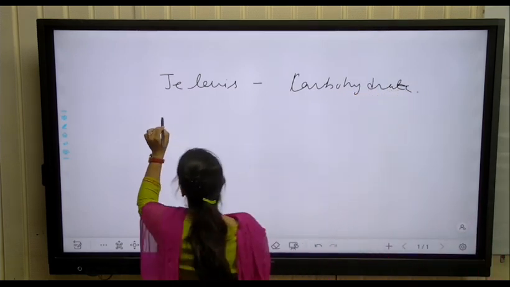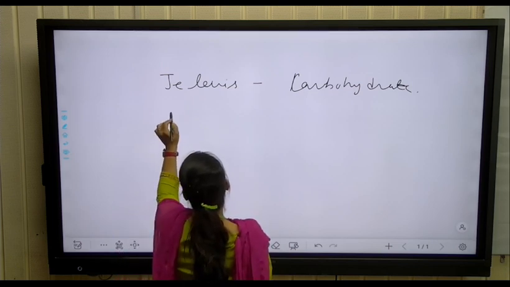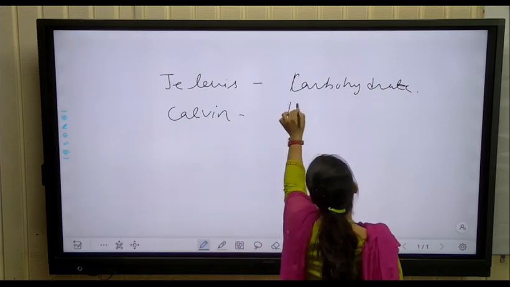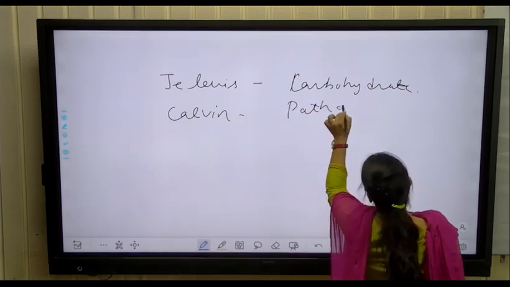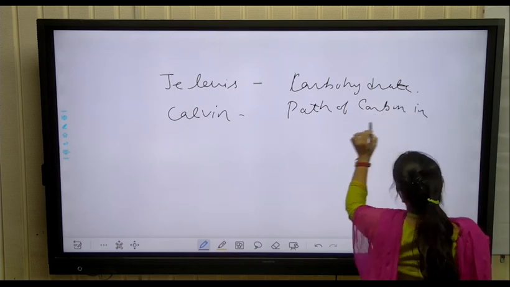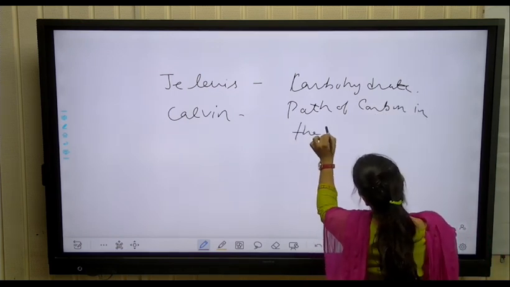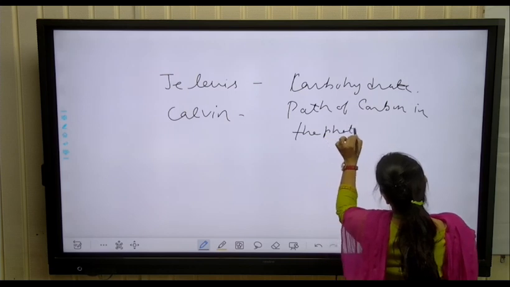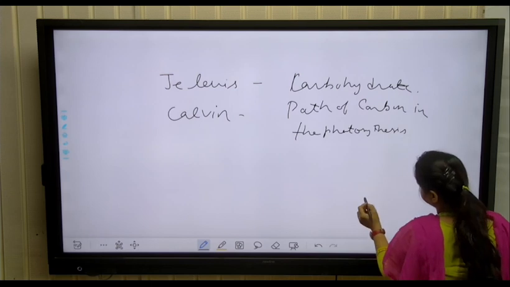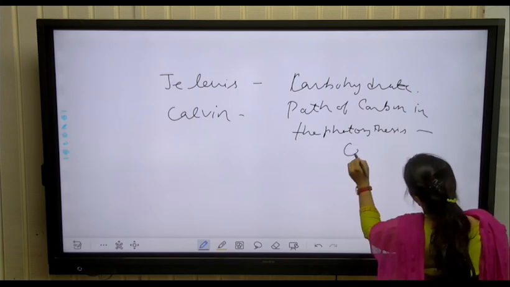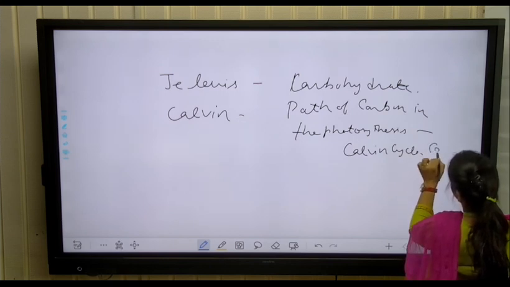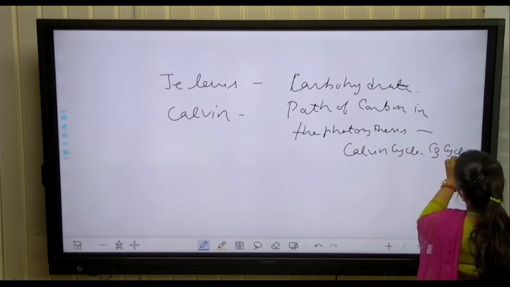And then next was Calvin, who found out the path of carbon in the process of photosynthesis and gave the Calvin cycle, that is the C3 cycle.